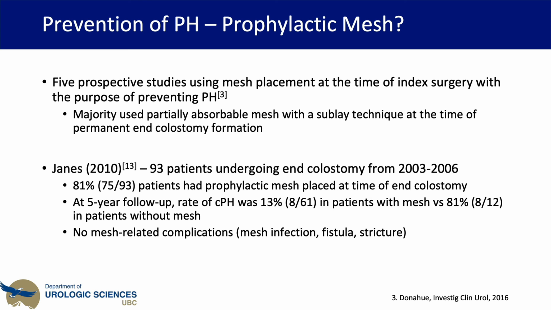The other 9 were omitted at the surgeon's discretion, usually because of a suspected short life expectancy. At their 5-year follow-up, the rate of clinically detectable parastomal hernia was 13% in those with mesh versus 81% of those without. So certainly significant numbers. They weren't able to attribute any complications to the mesh directly.